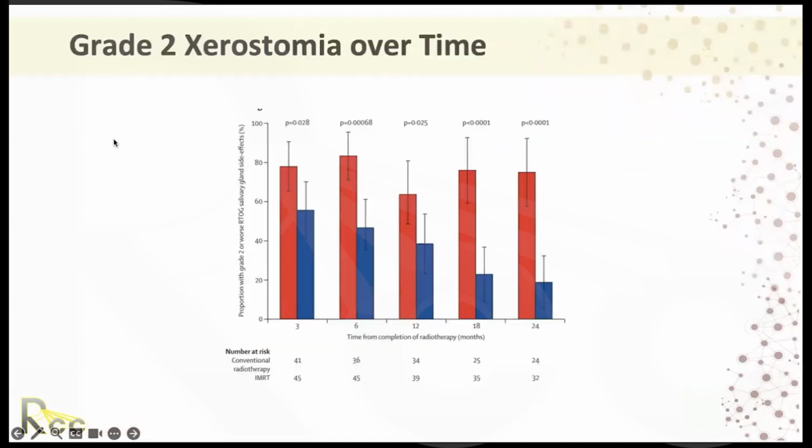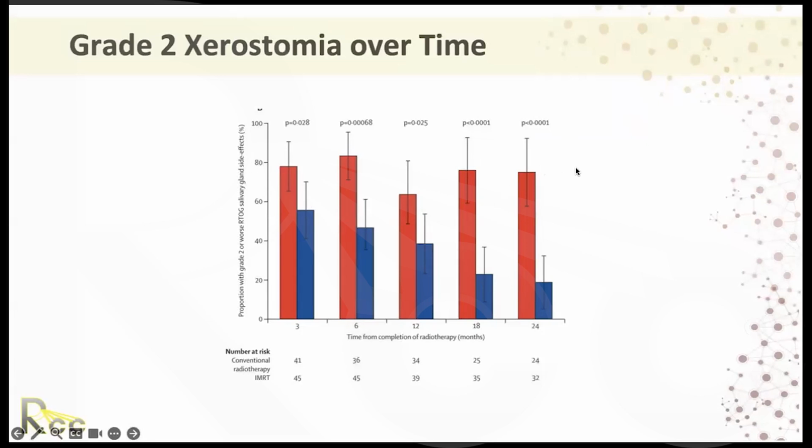This is showing you xerostomia, from the landmark PARSPORT trial that looked at patients getting 3D conformal radiotherapy versus IMRT. This shows the rates of grade 2 xerostomia post-treatment, after completing radiotherapy. You can see that with conventional radiation, xerostomia is unremitting.